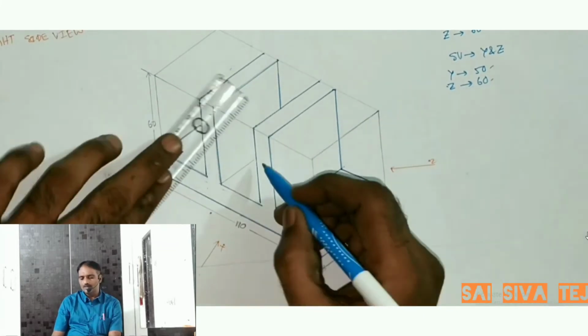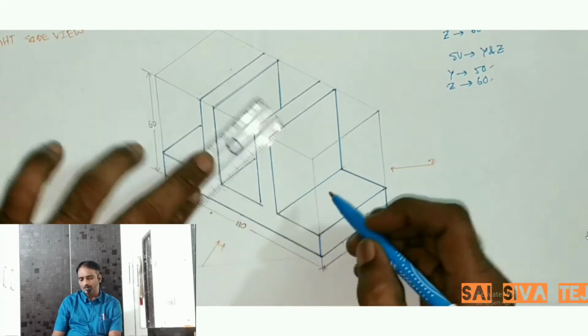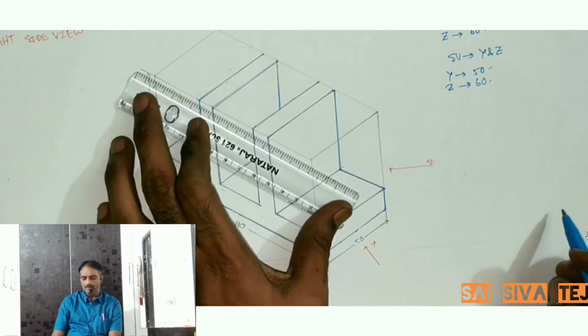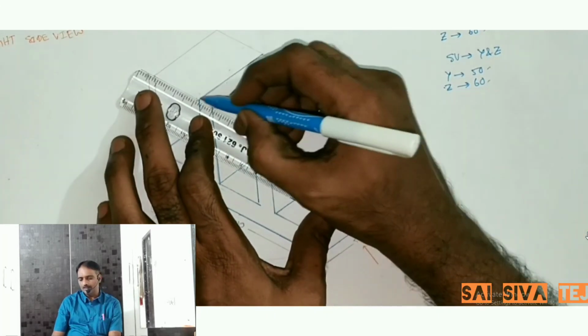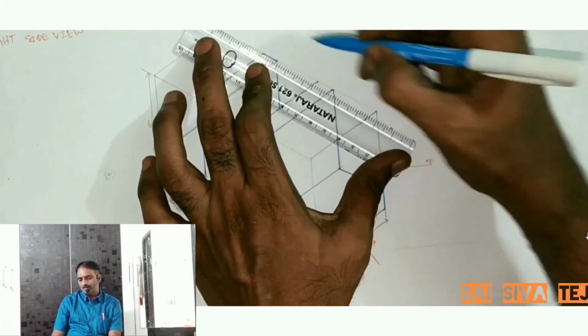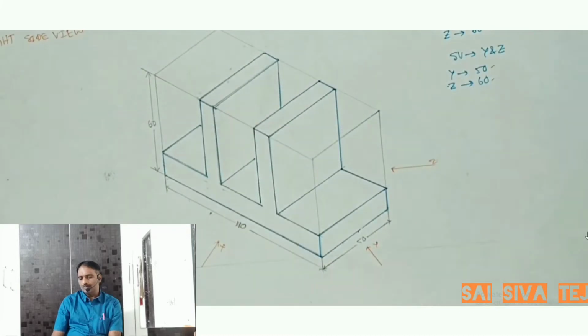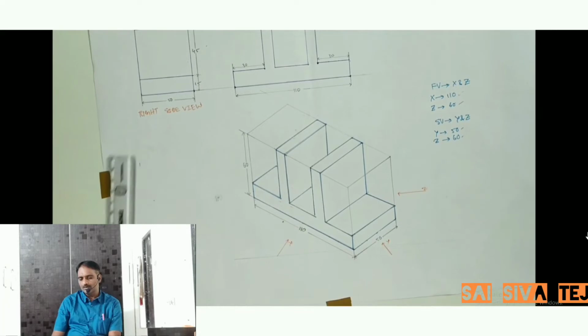If you follow these simple tips, we can draw the isometric views very easily without any difficulty. So that is how we have to represent isometric view with the given projections. Next, let us go through example 2.